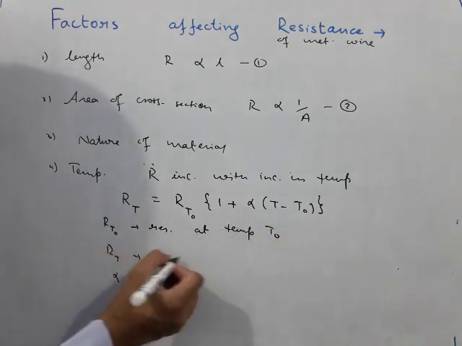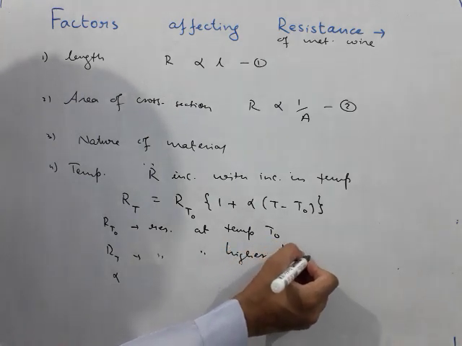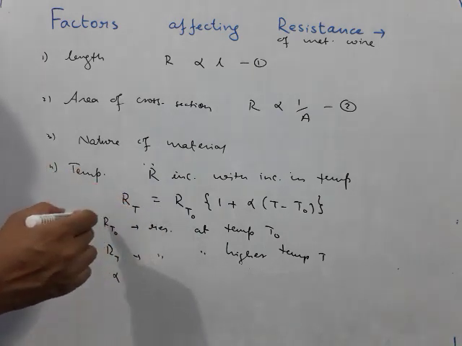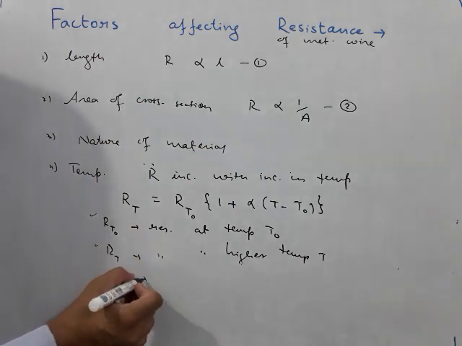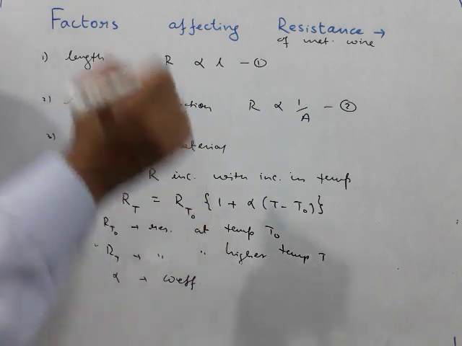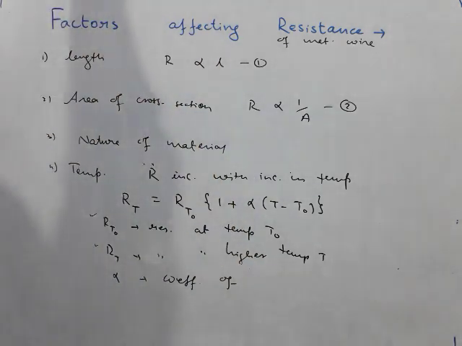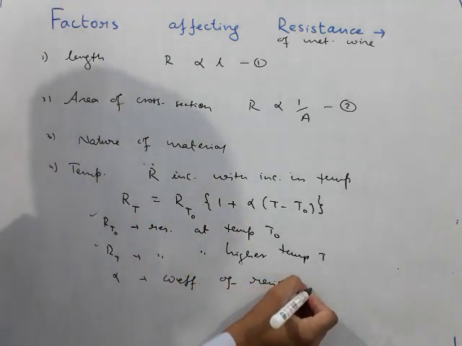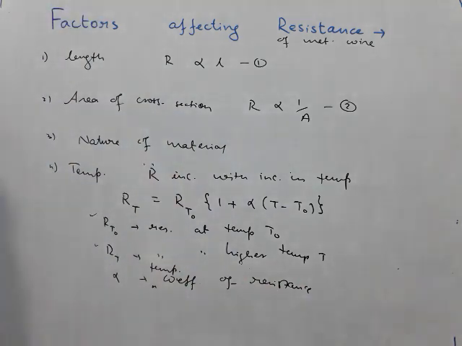RT is the resistance at a higher temperature T. So T naught and T are the temperatures, and at these temperatures the values of resistance are RT naught and RT, and alpha is a constant. Just to remember its name, it is referred to as temperature coefficient of resistance.